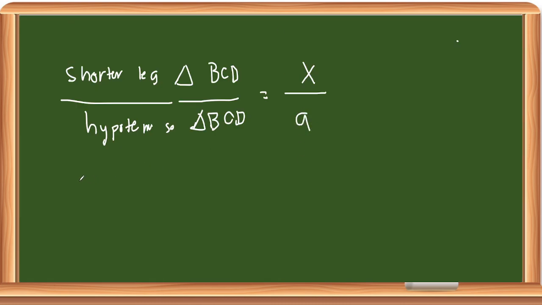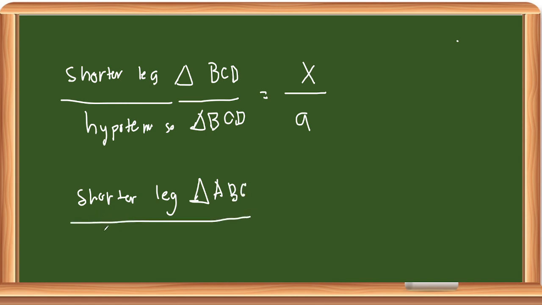And then, let's use the shorter leg of the original triangle, which is ABC, over the hypotenuse then. Now, shorter leg to hypotenuse ang ratio natin. Hypotenuse of triangle ABC naman. Okay, so yung ABC and triangle BCD are also similar triangles, right?